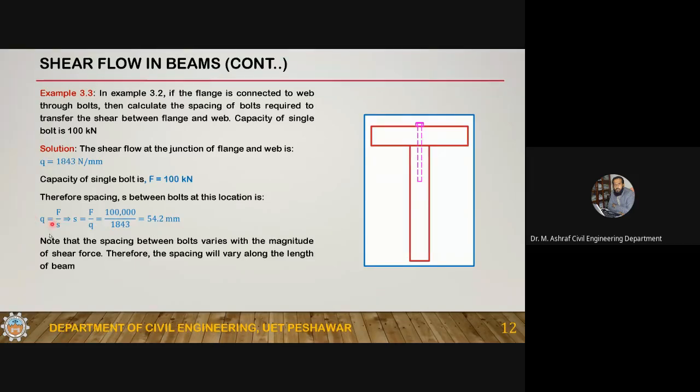So q is equal to F over S. F is the capacity of a single bolt, S is the spacing. Since this is force per unit length and this is also force per unit length, spacing is equal to F divided by q.